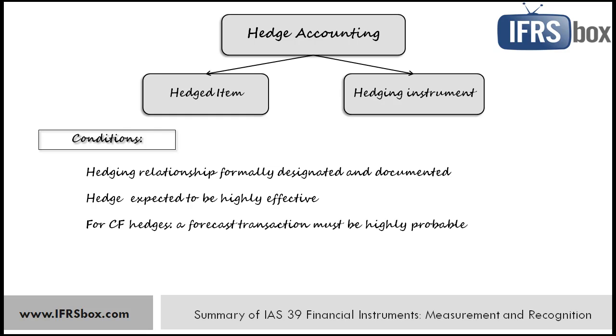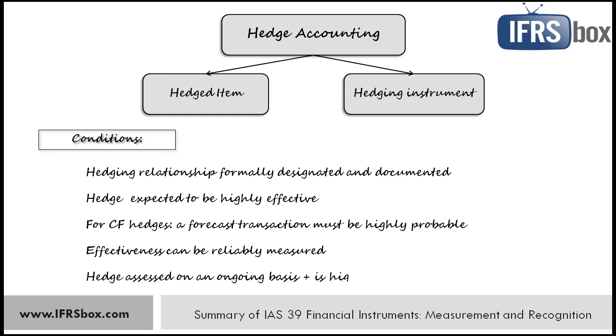For cash flow hedges, a forecast transaction must be highly probable and must present exposure to variations in cash flows which can affect profit or loss. And the effectiveness of the hedge can be reliably measured. And finally, the hedge is assessed on an ongoing basis and determined actually to have been highly effective.